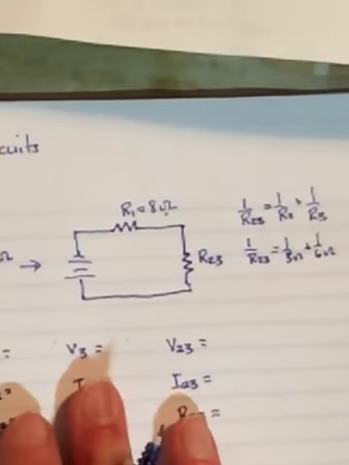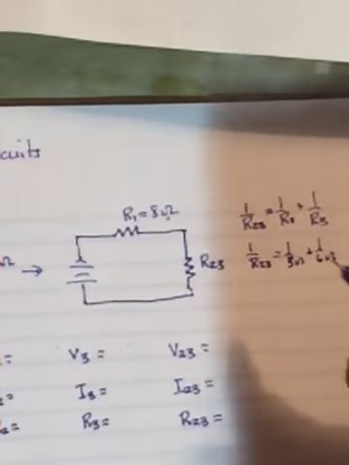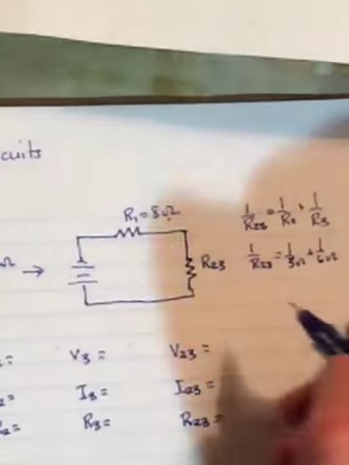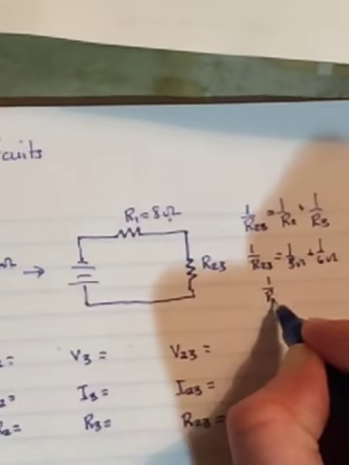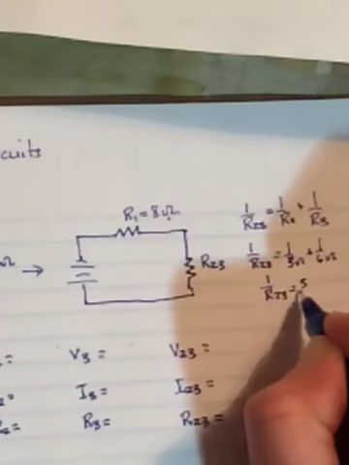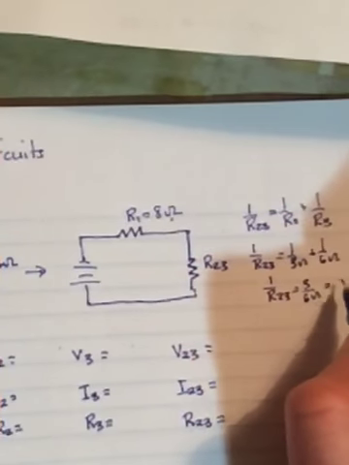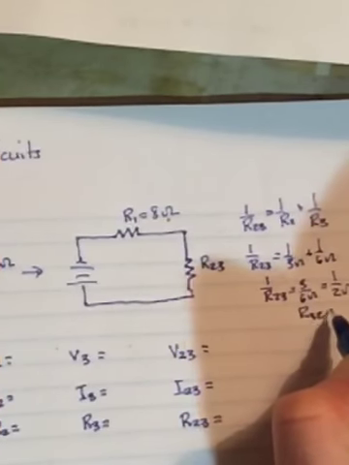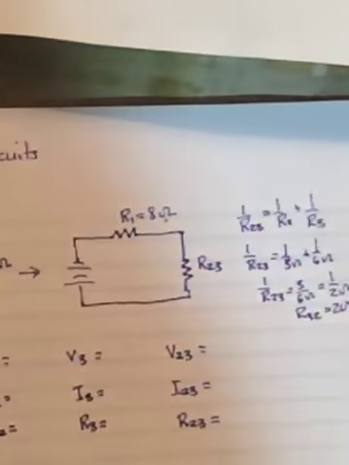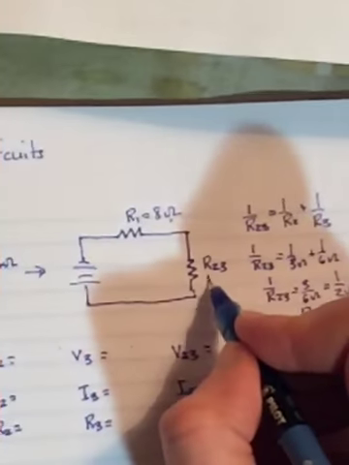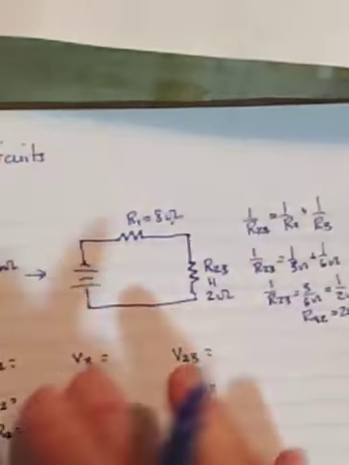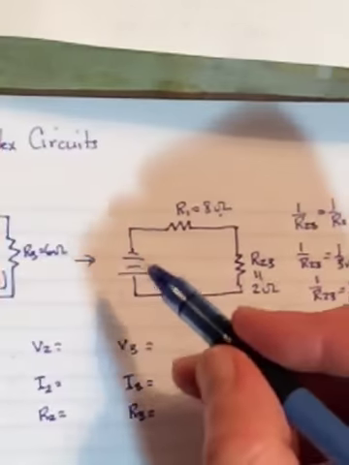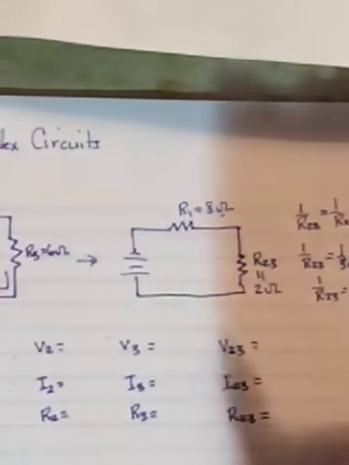Common denominator is just going to be 6, so 2 over 6 plus 1 over 6 is 3 over 6. So 1 over R23 is 3 over 6, and R23 is equal to 2 ohms. So I've solved R23. But better than that, if I look at my circuit now, I will see that it's a complete series circuit.